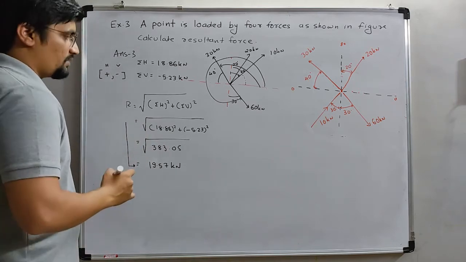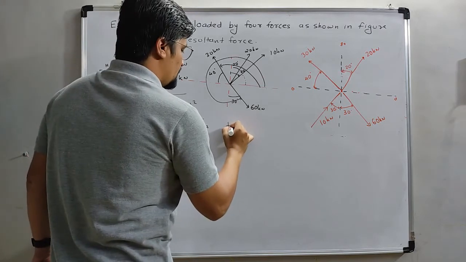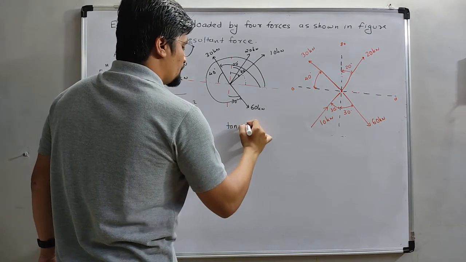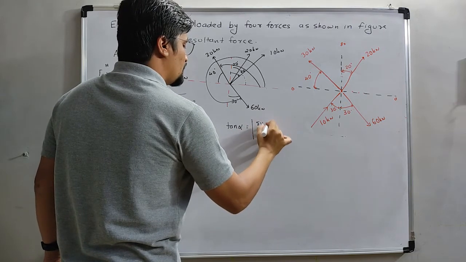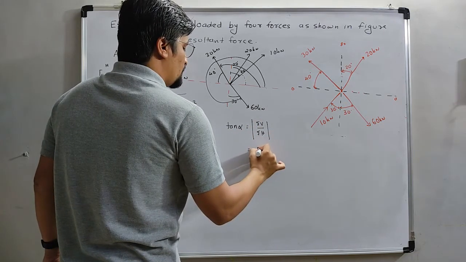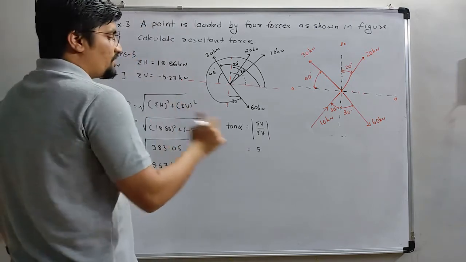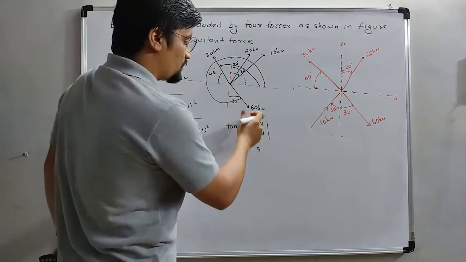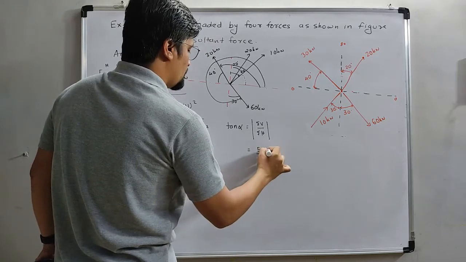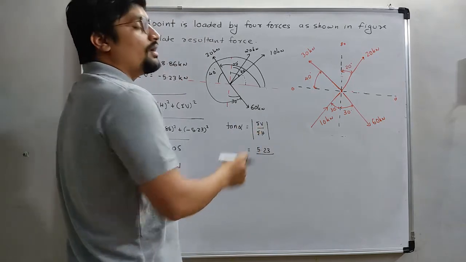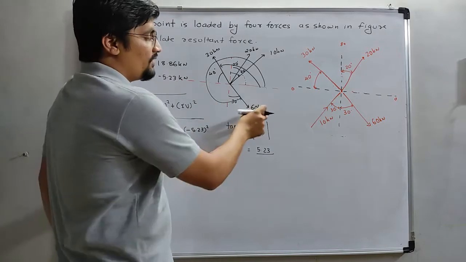Now check the position. So for position, tan alpha is equal to mod of summation of V by summation of H. The minus value will be converted into positive because of mod, because the value of this should always be positive, that's why we use mod.